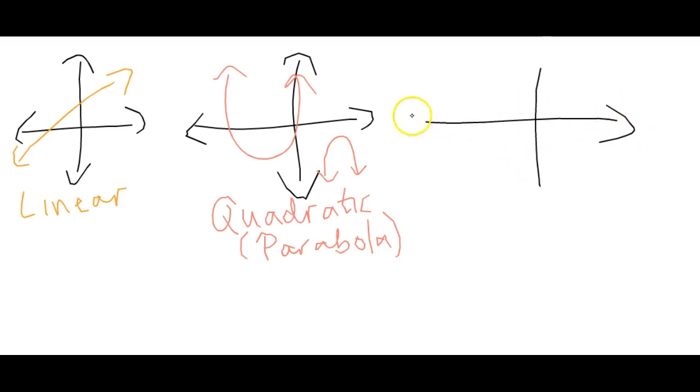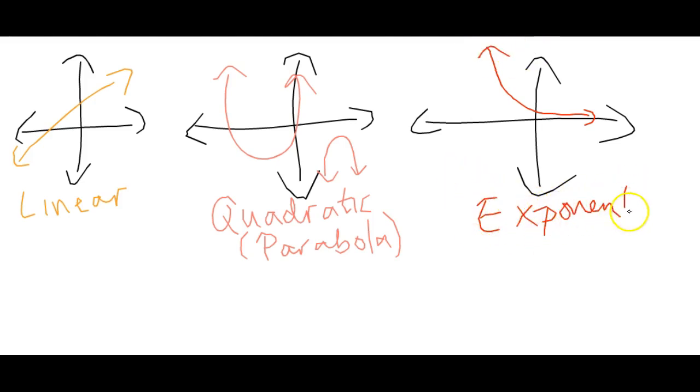We also have an exponential function. Exponential starts high and goes low. And then absolute value is a V shape.